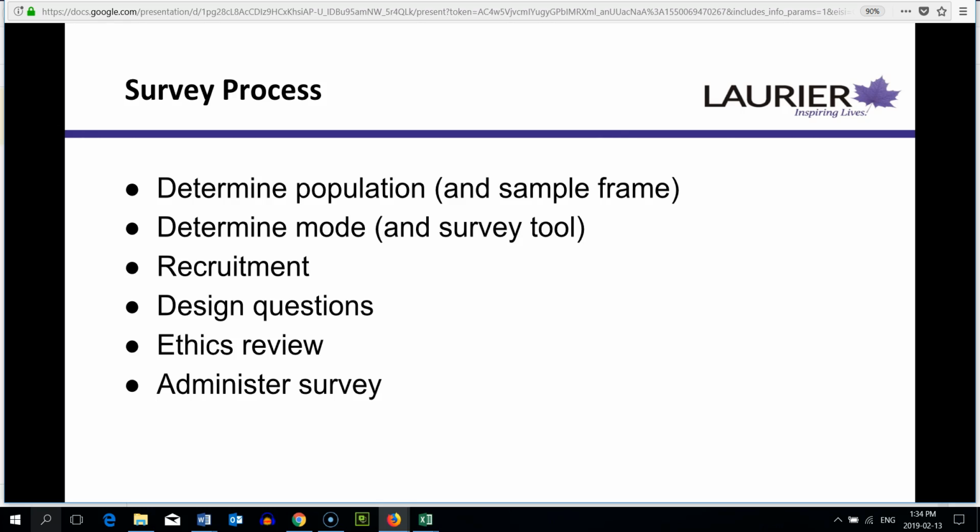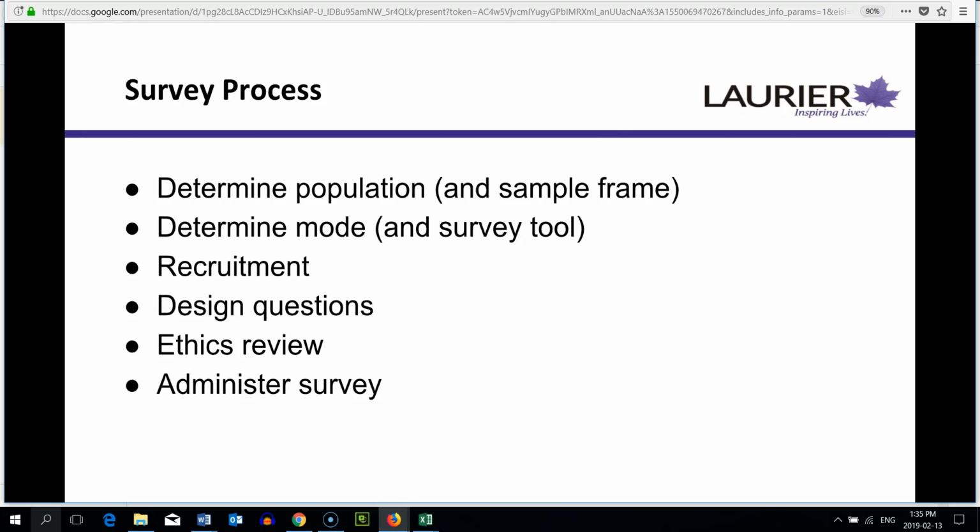Then you have to determine your mode. This is the method. Is it going to be a telephone survey, in person, or a web survey? That's what we're focusing on. That's what we are going to put together in this class: a web survey. That leads to another question: what's your survey tool? You can use SurveyMonkey or Google Forms. We're going to use Qualtrics. What you choose is going to impact other elements of your survey.